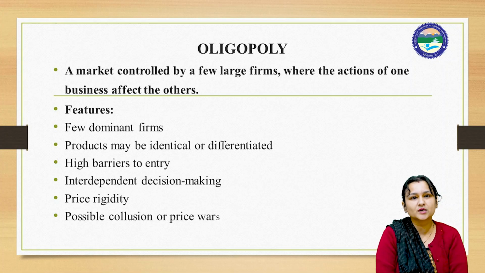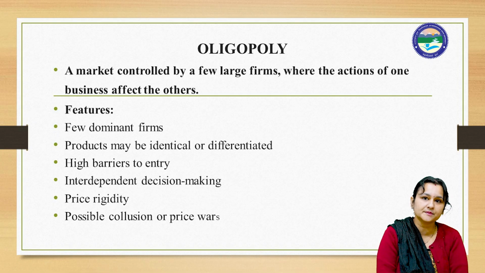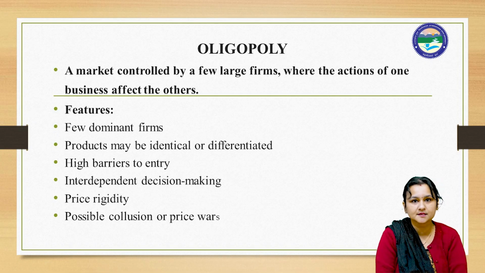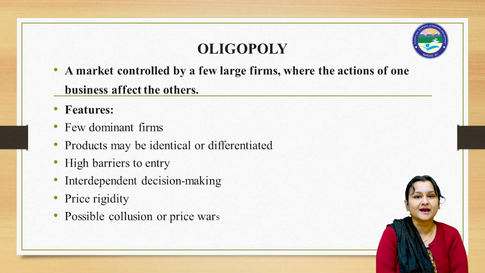If we look at the car industry, car manufacturers are an example of oligopoly, because only a few large firms dominate the market, making each company's decisions such as pricing, features and production highly interdependent. Entering the car industry requires very huge capital and technology, and it creates strong barriers to entry.